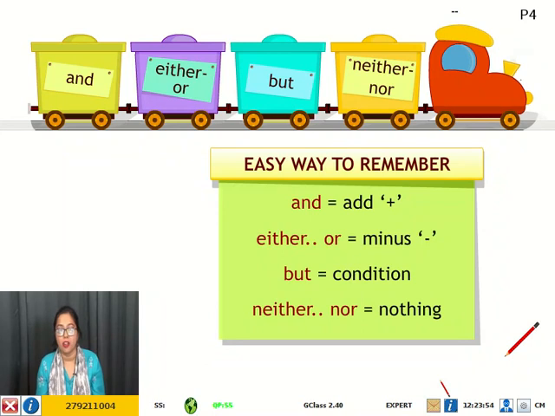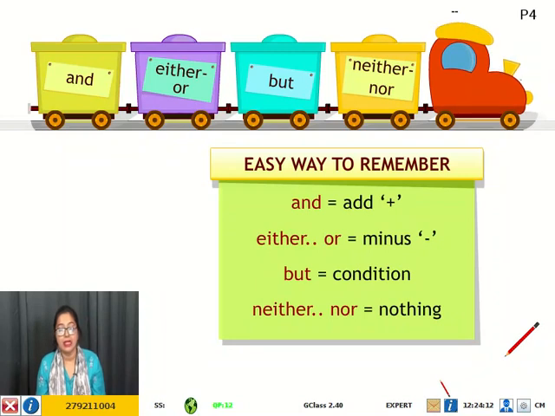In a question paper also, sometimes a teacher asks, either you answer this question or this question. There is a choice, isn't it? So at that time we use the connector either or.